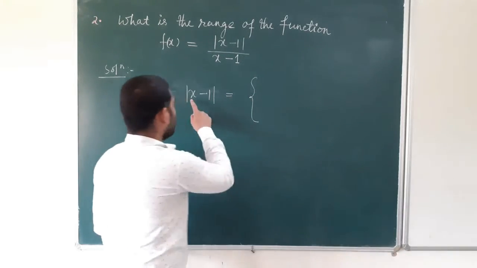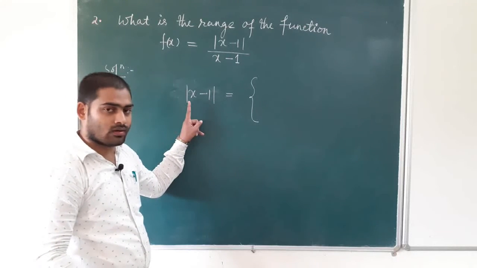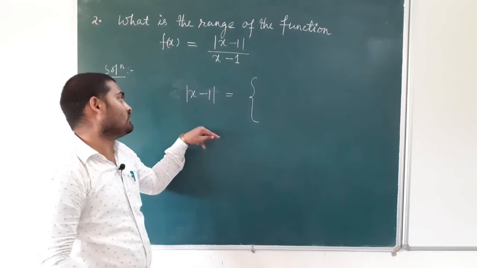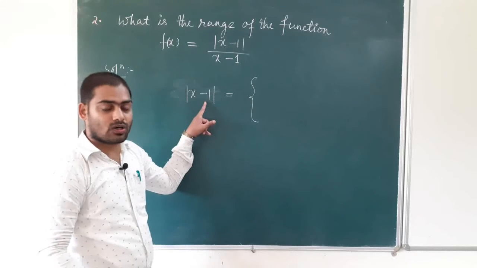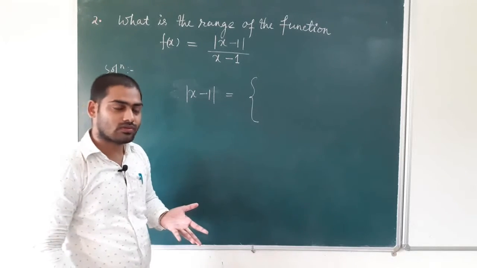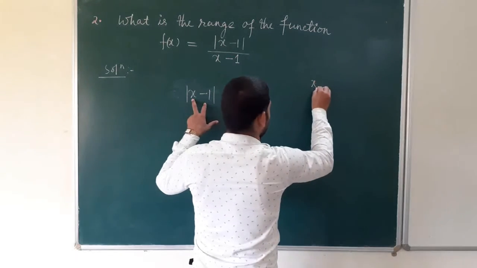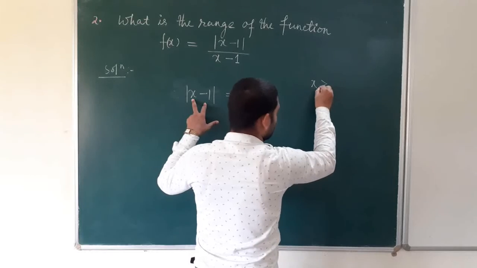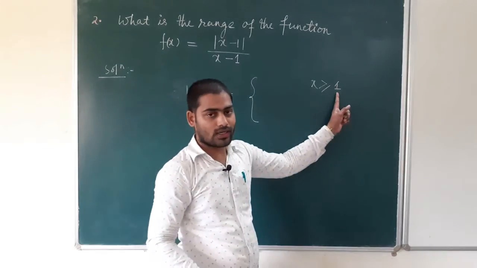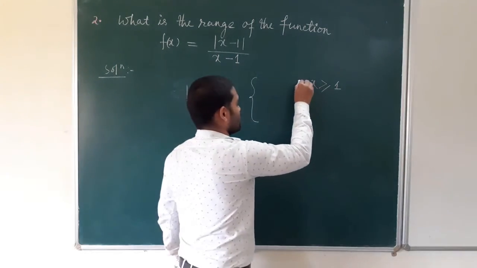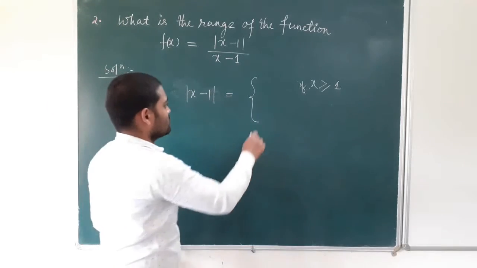See, when x is equal to 1 or greater than 1, this value remains the same because that is positive, the absolute value. So when x is 1 or greater than 1, this function is x minus 1.